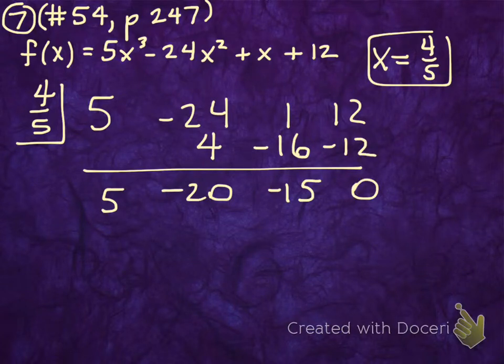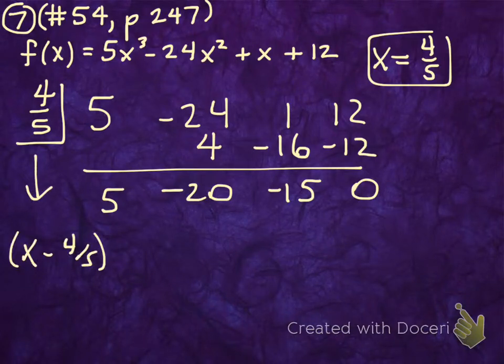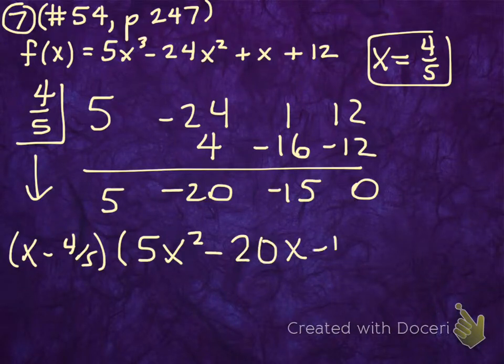So now we translate what we have so far in our answer. From our zero, we have the factor x minus 4/5. And from our synthetic division, we have discovered that that gave us 5x squared, because remember you always drop a degree, and then minus 20x, and then minus 15.